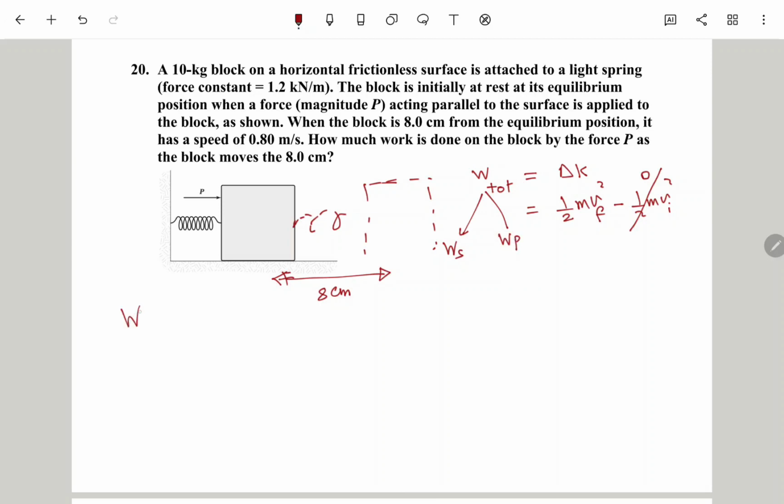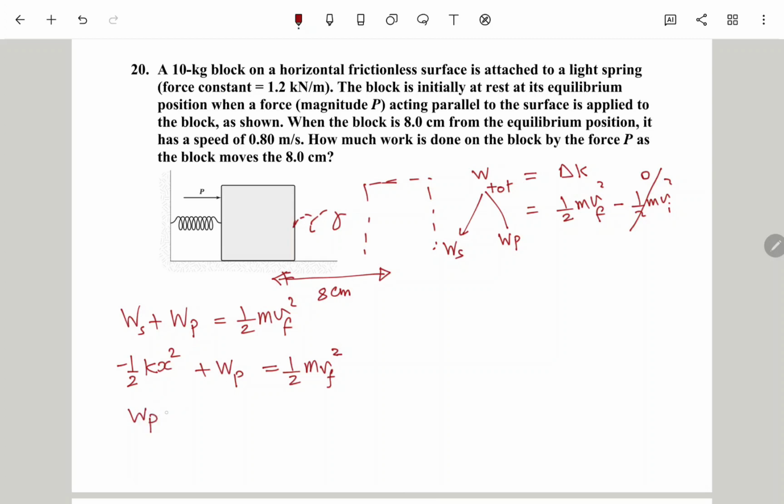Now work from the spring plus work from force P is equal to half V final squared minus half kx squared. And remember, the initial position is equal to 0 at the relaxed position, so the potential energy of the spring at the relaxed position equals 0, plus work of force P equals half V final squared.